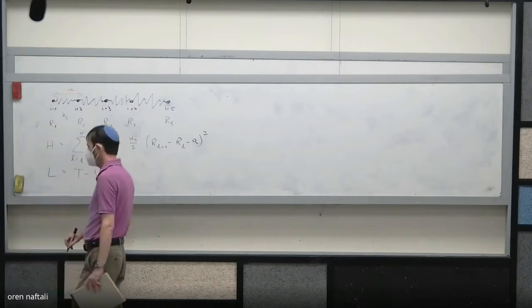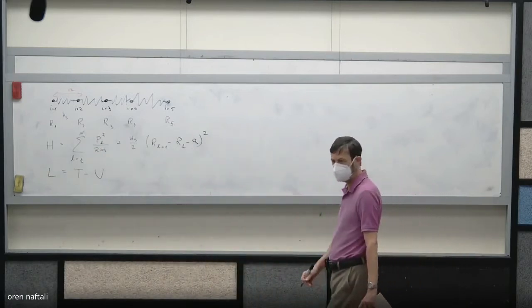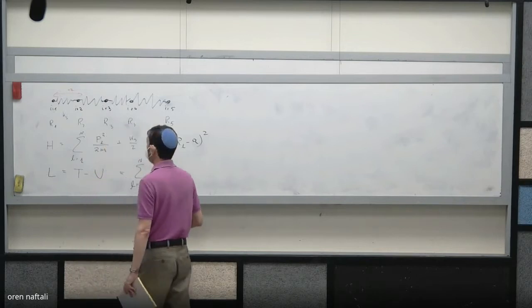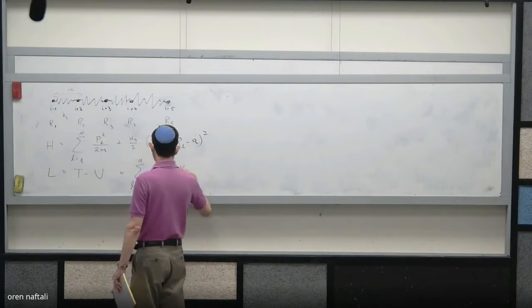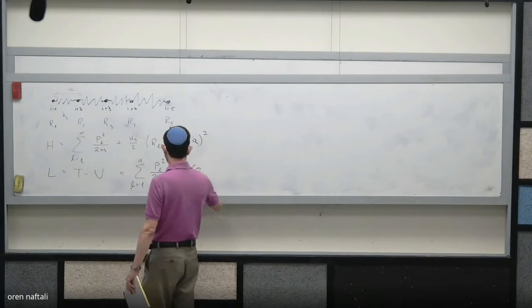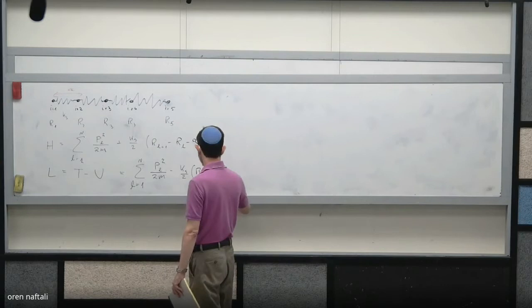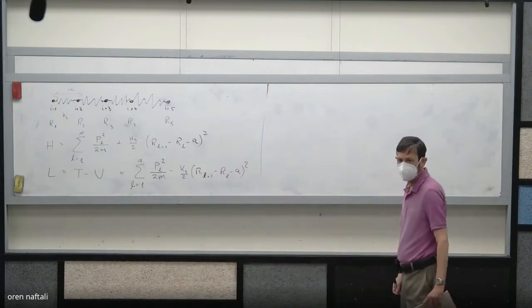Where T is the kinetic energy and U the potential, and just in the same way. Okay, again, trivial.